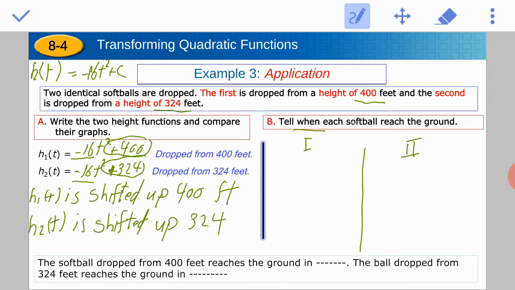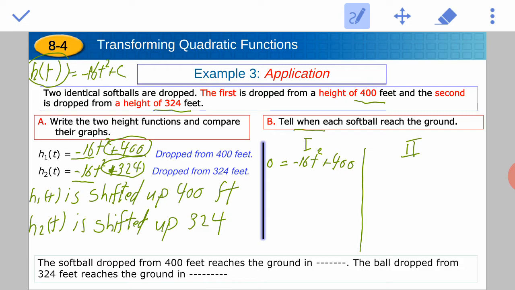Guys, when the softball reaches the ground, it means the height h of t is going to be 0. At the ground level, the height equals 0. So 0 equals negative 16t squared plus 400. This is the equation of the first softball.